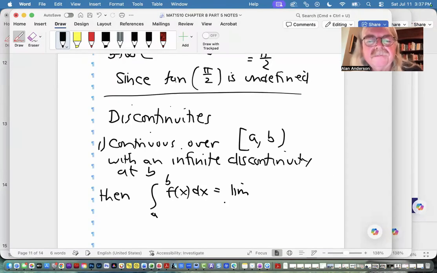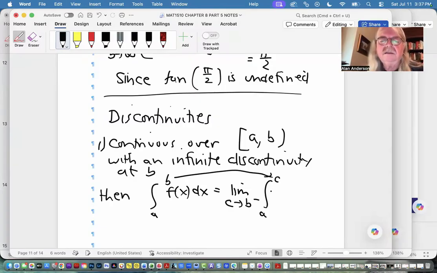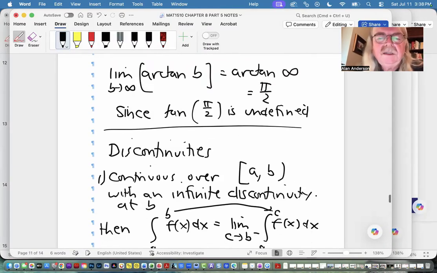We take the limit as c goes to b from the left, of, and you notice we're replacing the b with a c. Great.